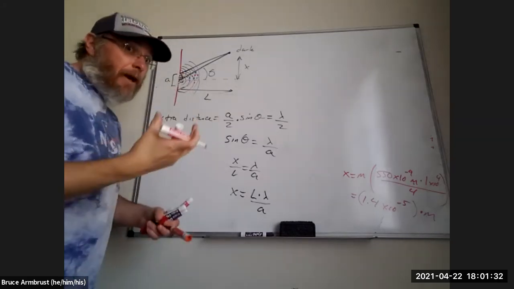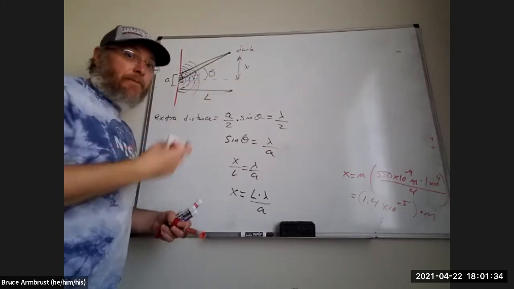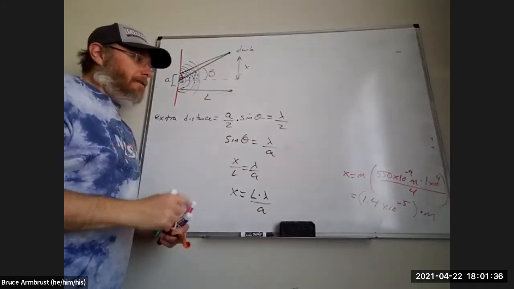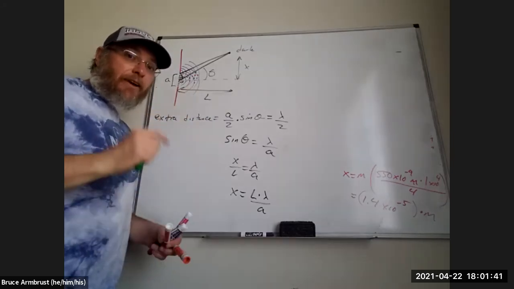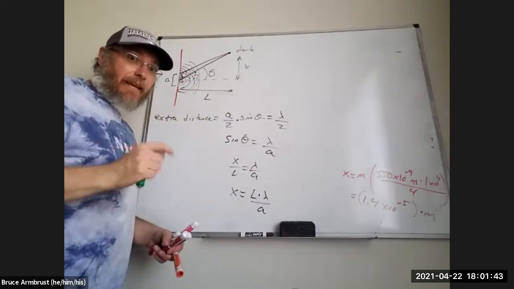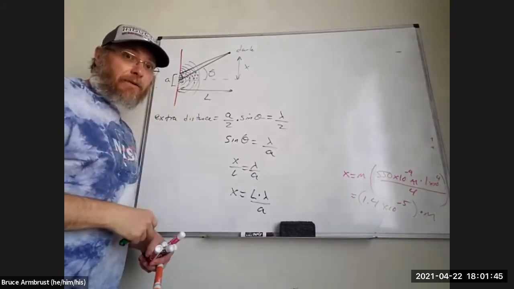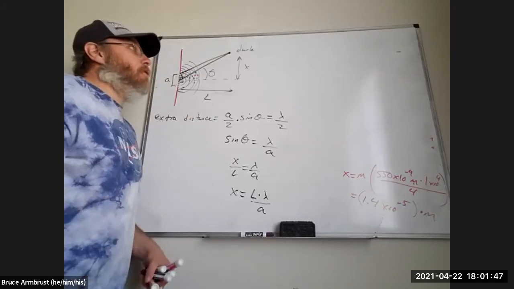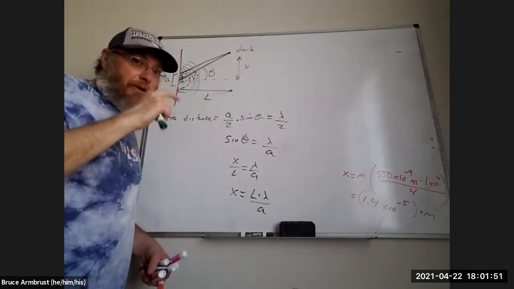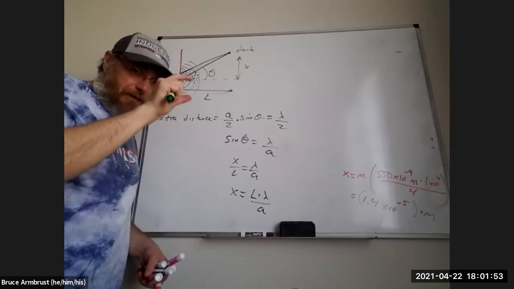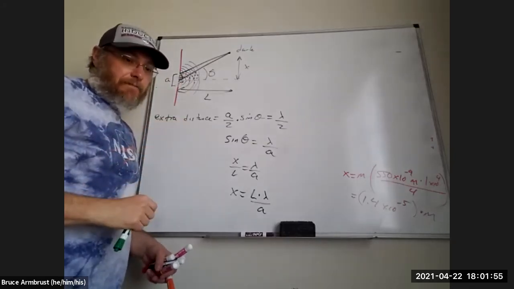We can pair them up so that every pair is exactly half of the width apart. They're all going to do exactly the same thing, and they're all going to cancel each other out. So at this spot, we're going to get dark because you're able to split it into groups of two that cancel.